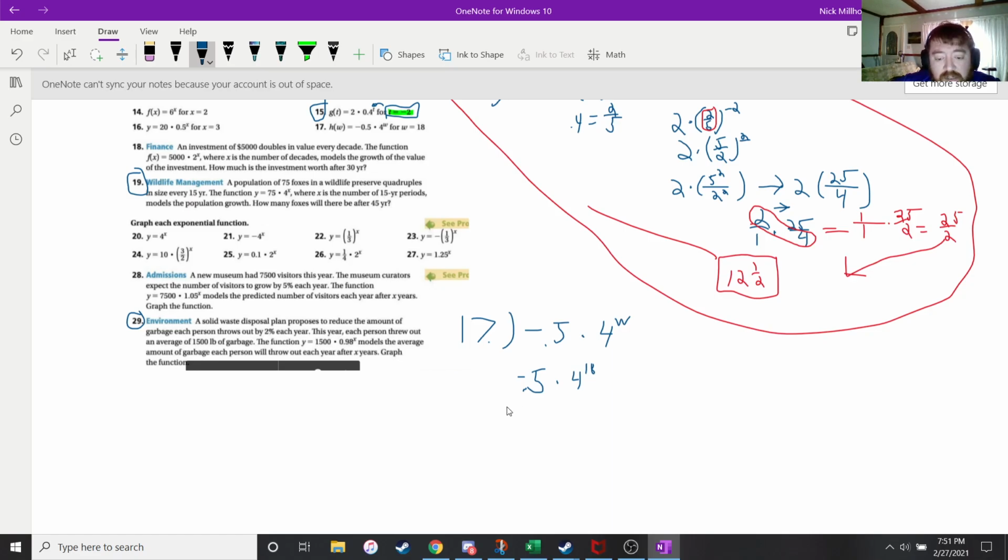So negative 0.5 is the same as saying negative 1/2 times 4 to the 18th power. So what we're going to do there is just multiply this out, and our final answer that I would expect you to have on the test is just going to be 4 to the 18th power over 2, and then make it a negative. So negative 4 to the 18th power divided by 2. Alright?